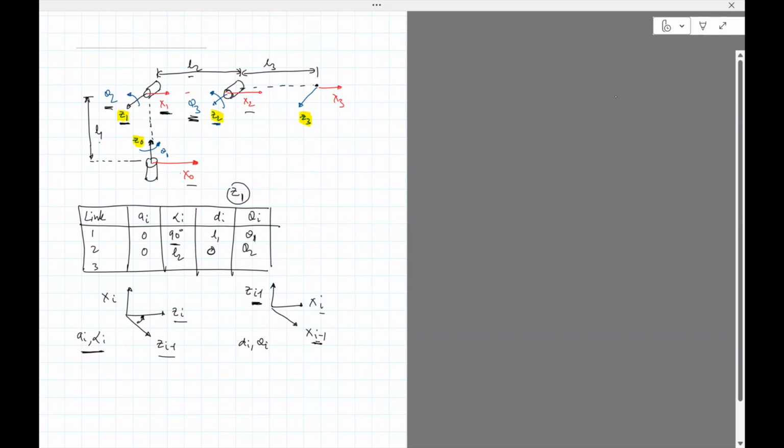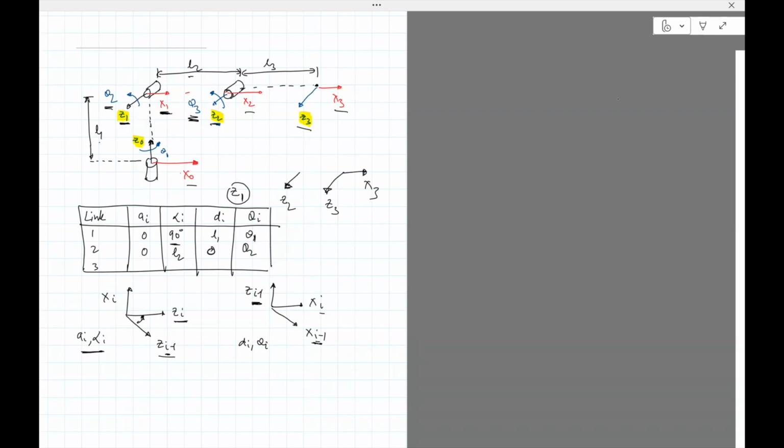Okay, and finally, we need to do link 3. So i equals 3. So let's look at A3, alpha 3. So for that, I put i equals 3. So Z2, Z3, and X3. Z2 like this, Z3 like this, X3 like this.